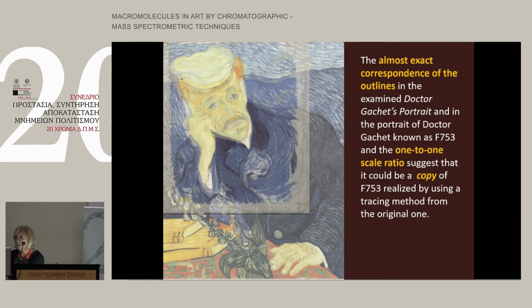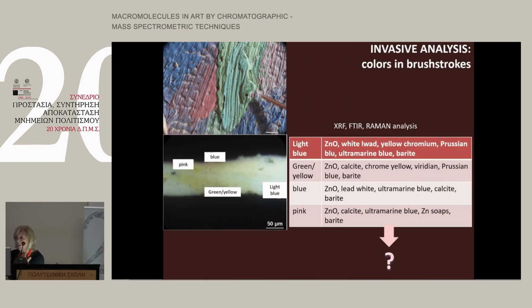Looking at the chemistry of this painting, we found, for instance, that the pink, which is very light, could not be understood from its composition by Raman spectroscopy.